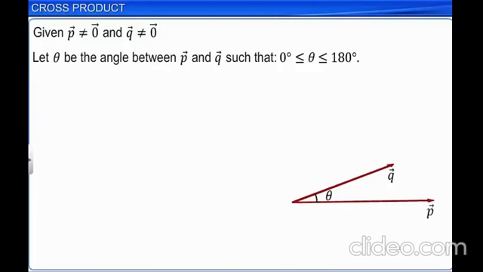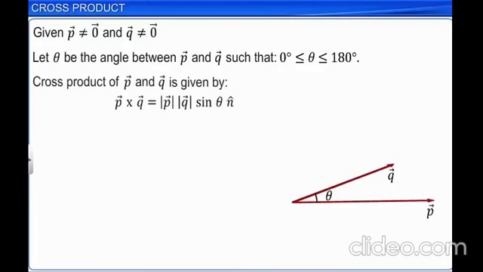Then, the cross product of vectors P and Q is equal to the product of their magnitudes, the sine of angle theta, and the unit vector n. Here, unit vector n is perpendicular to both vector P and vector Q. Note that unit vector n acts along the vector equal to the cross product of vectors P and Q.